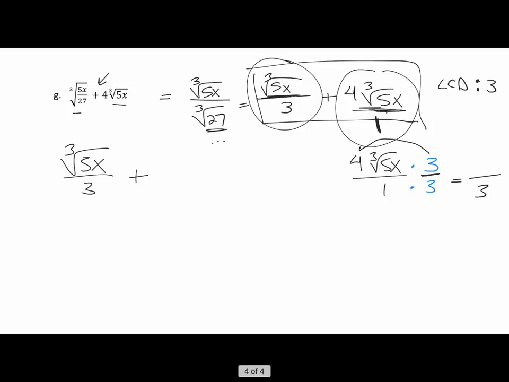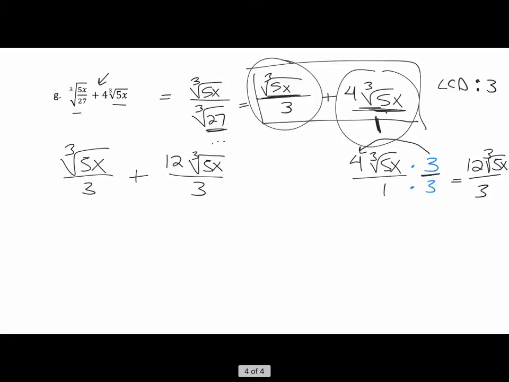So they're multiplying as a coefficient. So 3 times 4 is 12 cubed root 5x's. The radical doesn't change unless there's an operation with another radical. Okay, so an equivalent fraction here of 12 cubed root 5x over 3.